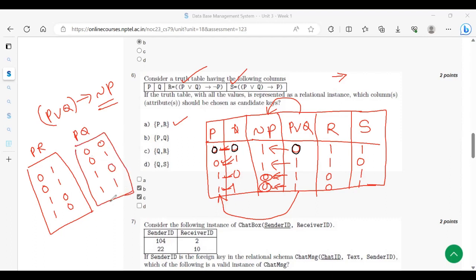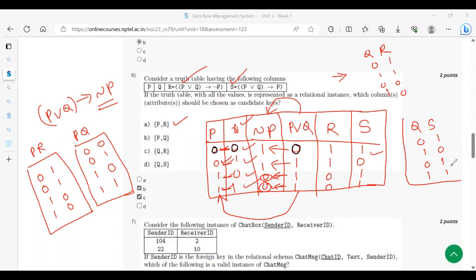We have Q, R. What is the value of Q? 0, 1, 0, 1. What is R? 1, 1, 0, 0. Now what is the value of Q, S? Q is 0, 1, 0, 1 and S is 1, 0, 1, 1.